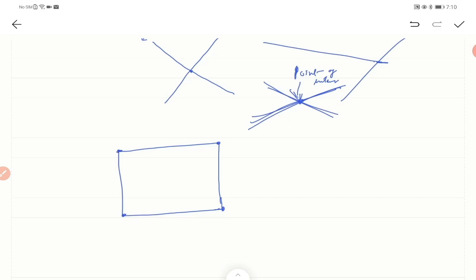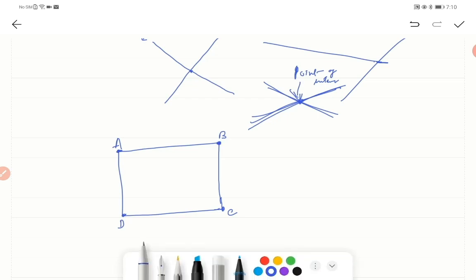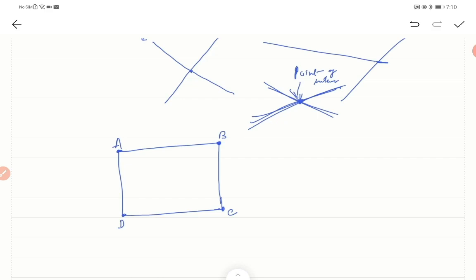In this I have A, B, C and D as the corners represented. Let me denote these points with black dots: point A, point B, point C and point D.